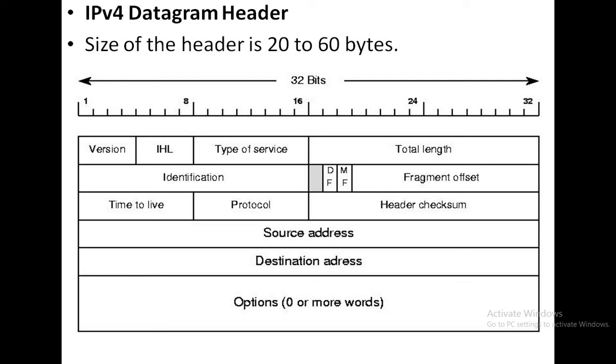One by one we have to cover them. What does the delay bit define? D: this bit is set to request a short delay through the internet.